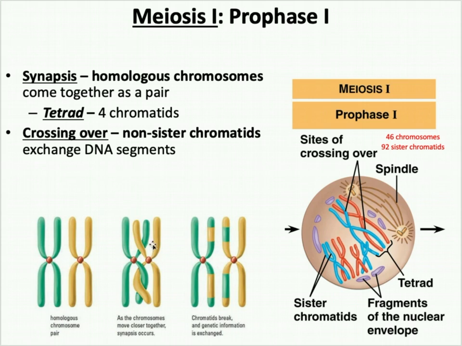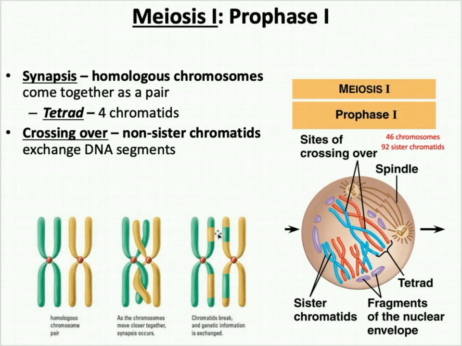Now what's going to happen is that these 2 non-sister chromatids are going to cross over and exchange DNA parts, DNA segments. So this chromatid from this chromosome will cross over with this chromatid from this chromosome, and they will exchange nucleotides, DNA segments.